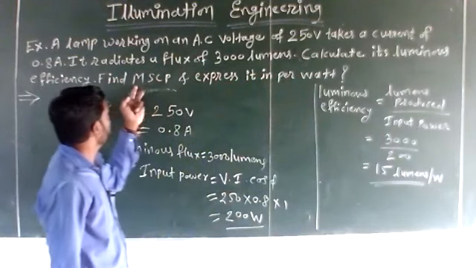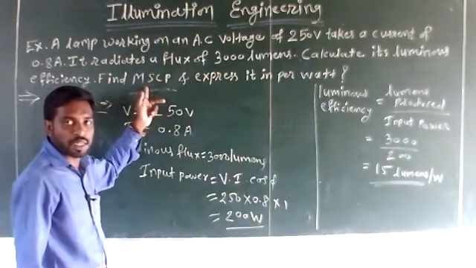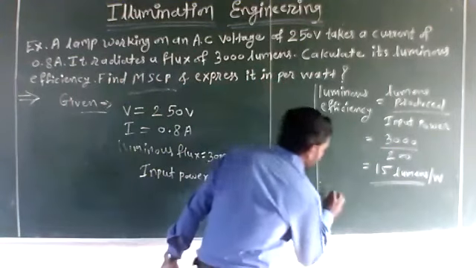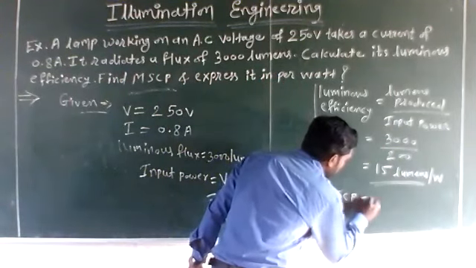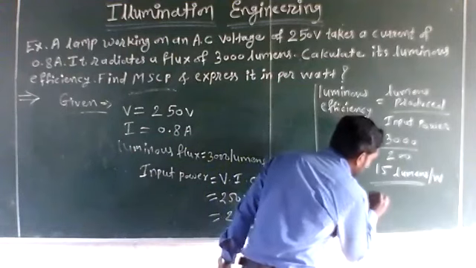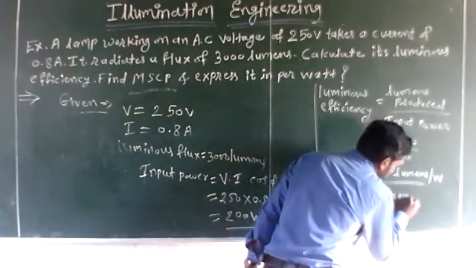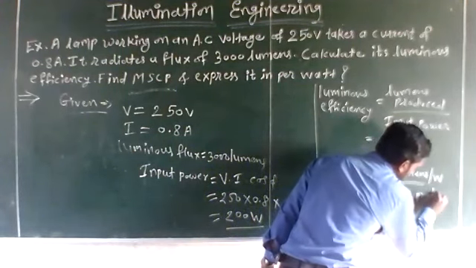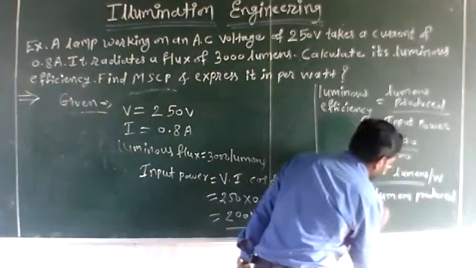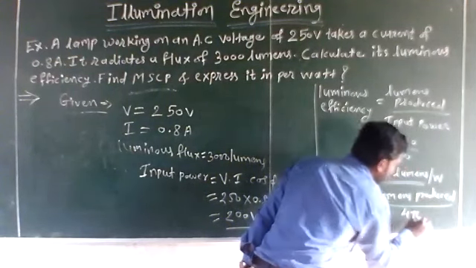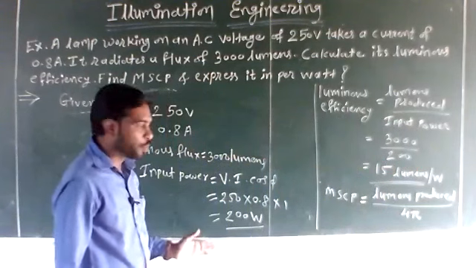Then second part, MSCP means mean spherical candle power. So MSCP is nothing but equal to the lumens produced to the 4 pi. Lumen produced upon 4 pi.